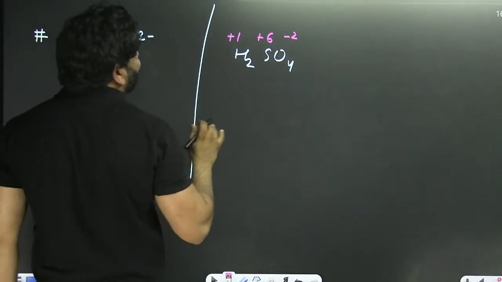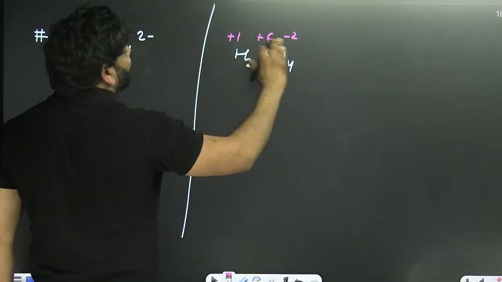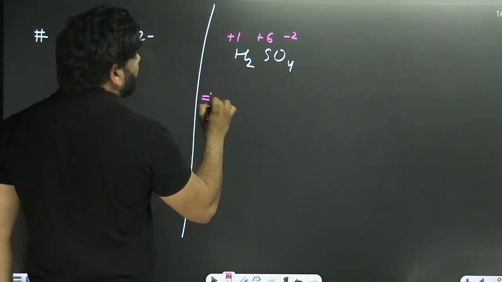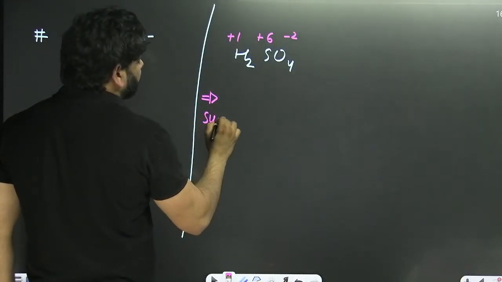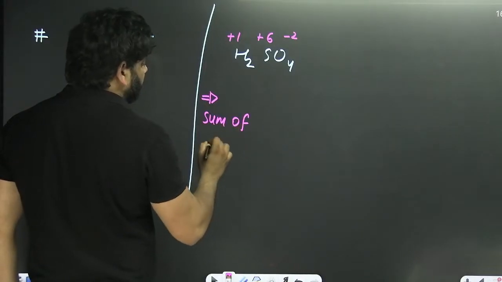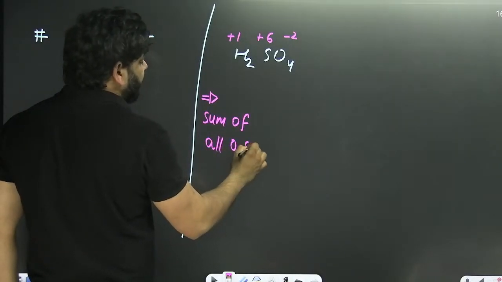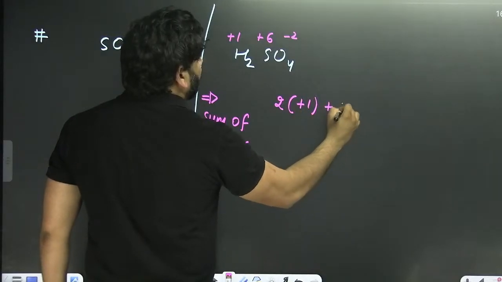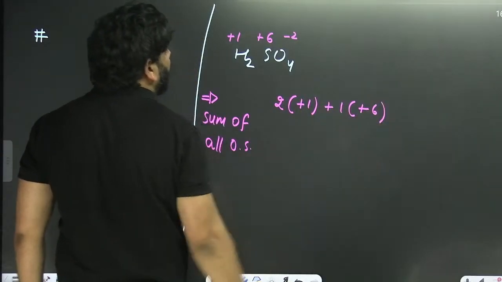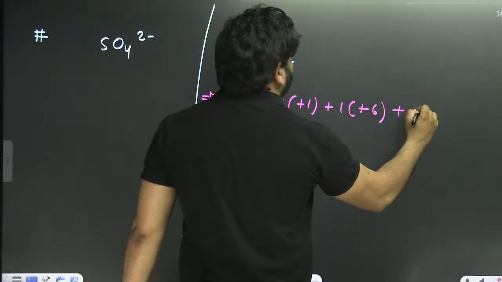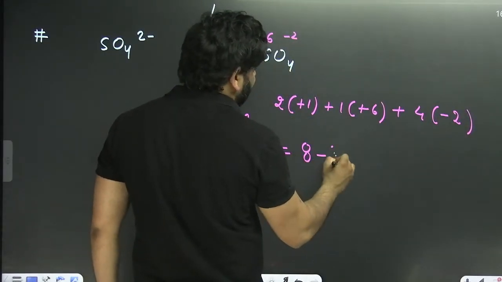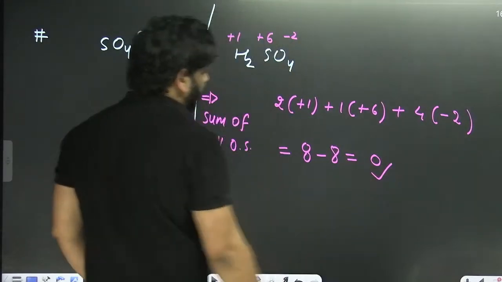Now you will say that the sum of all the oxidation states will become 0 because the net charge is 0. So how do you show that? Sum of all oxidation states: 2 times positive 1, 1 time positive 6 for sulfur, and 4 times -2. This is 8 minus 8, and the answer comes up as 0.